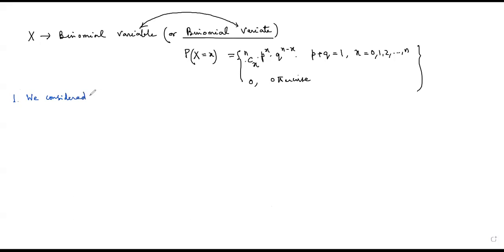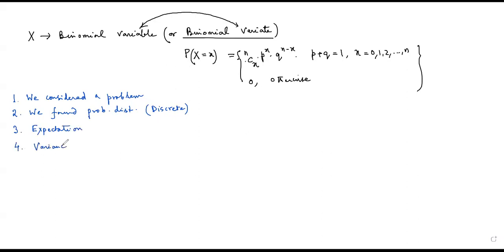We did a kind of research work over here. We found the probability distribution; in this case, it was discrete. We found expectation. We found variance. We tried to find a probability law which can define the system.